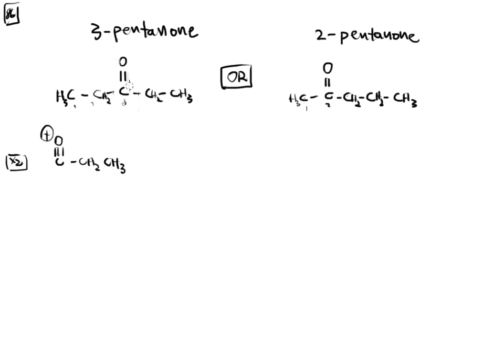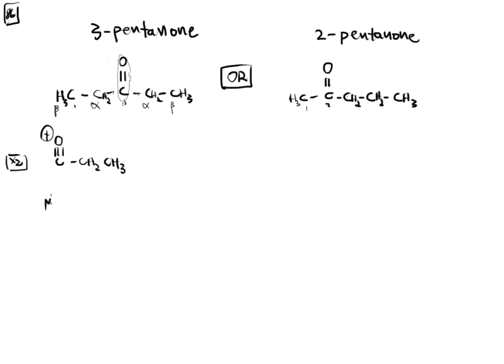All right, so I'm going to go back to the original structure. And now we need to talk about the proper alpha carbon. Remember, we said that the carbonyl group is part of the functional group, so that really isn't the alpha carbon. This would really be the alpha carbon. So there's alpha and there's beta, and then on this side, there's alpha and there's beta.